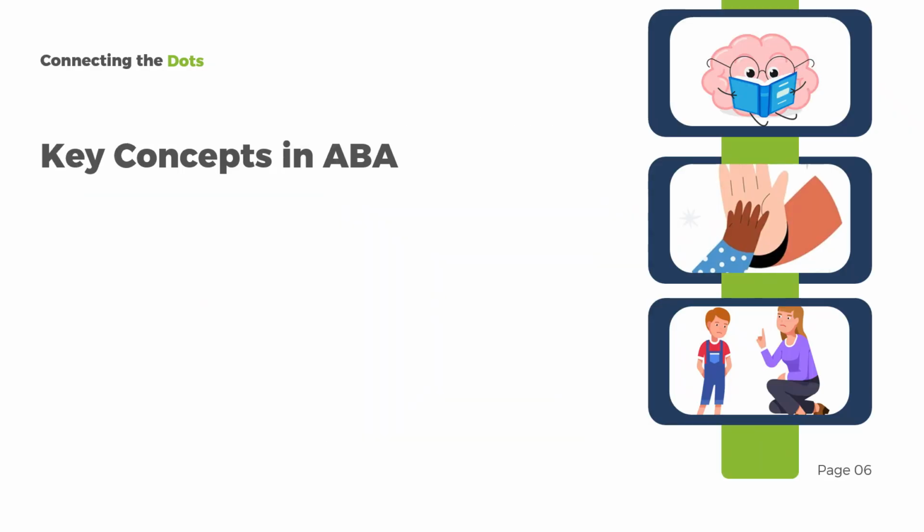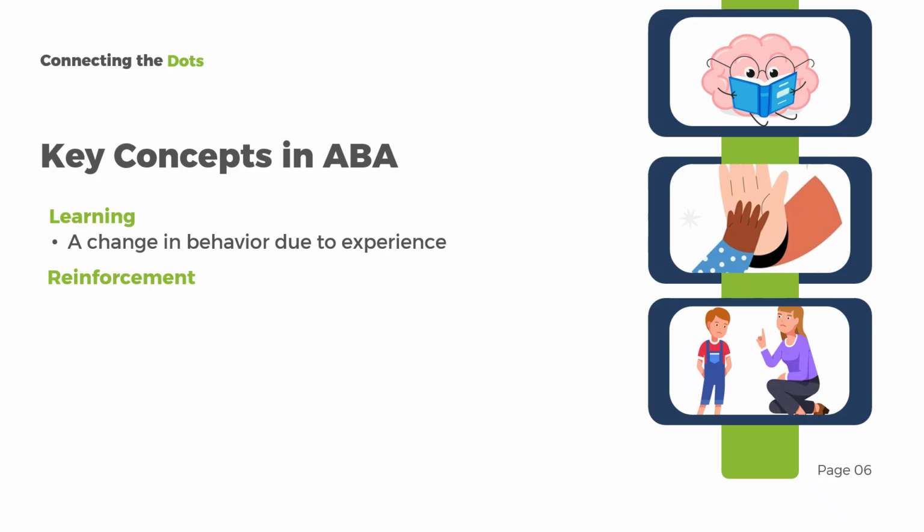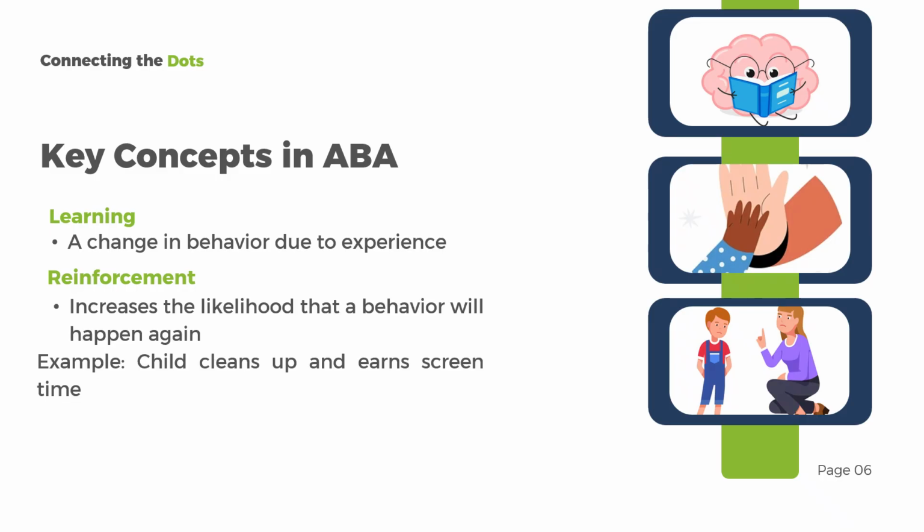There are 3 key terms we use in ABA and ones you will hear throughout this lecture series. Learning, which just means gaining new skills and a change in behavior due to experience. This can include talking, waiting, or brushing teeth. Reinforcement, which increases behaviors we want to see more often.